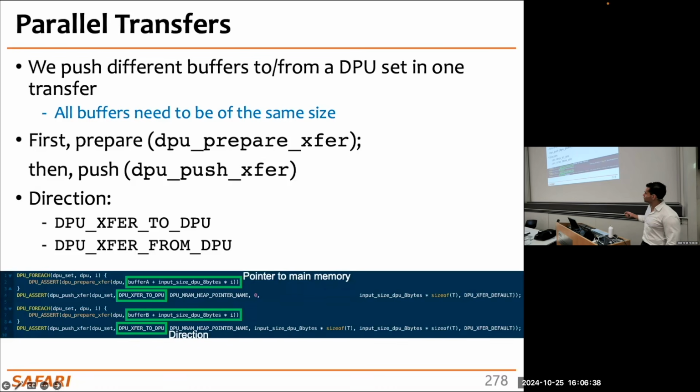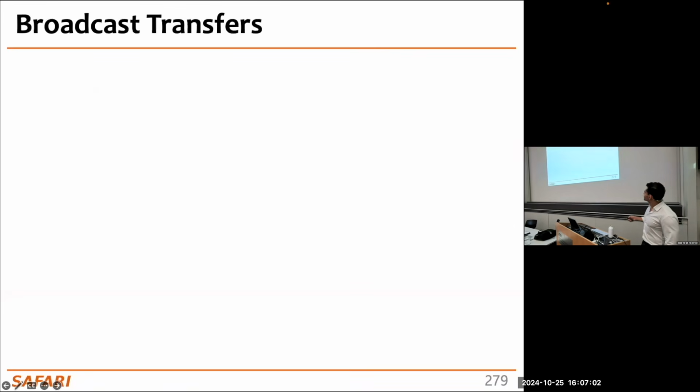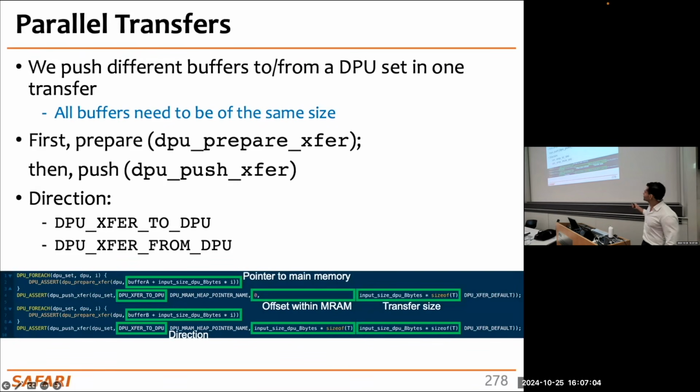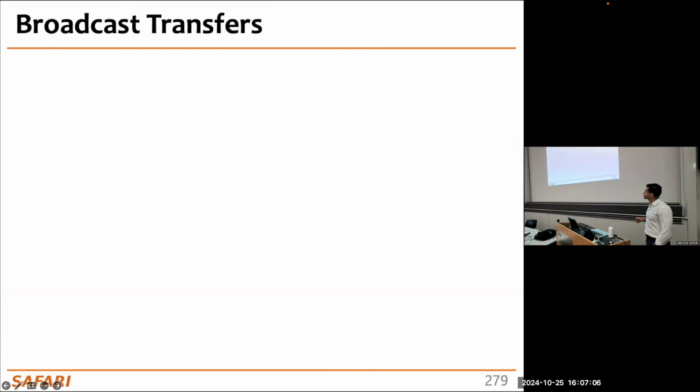Here you're pushing to the DPU, but you can also push to the CPU from the DPU in the other direction. Again, you need to pass the offset inside the MRAM. It's a linear space, so for the first copy the offset is 0. The next one is after the data that you just copied, the size of the data. And this is always the default here. You don't need to worry about it.